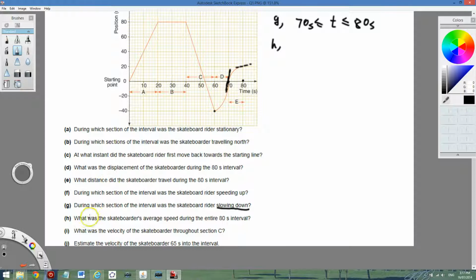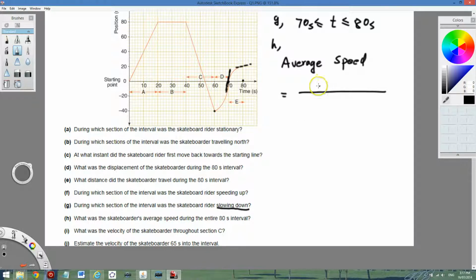Question H. Question H asks me the average speed during the entire 80 seconds interval. So the average speed is basically the total distance traveled. Remember, it's speed, not velocity.